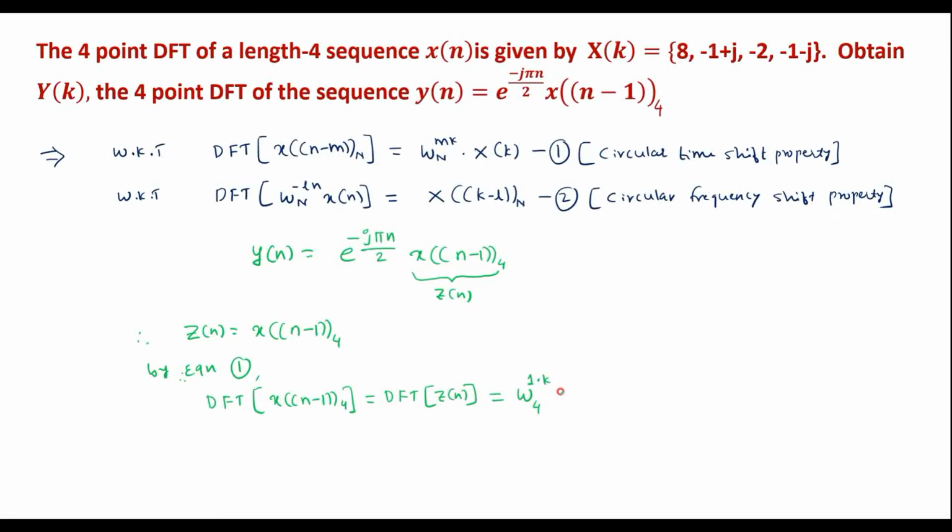Therefore, the DFT of z of n, that is z of k, is equal to W4 power k X of k. We'll call it equation number 3.